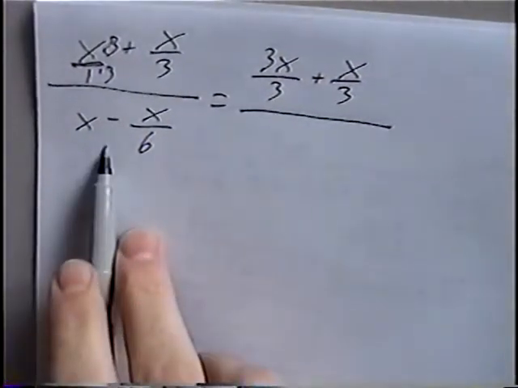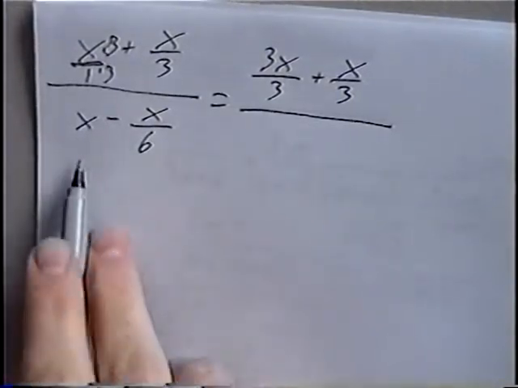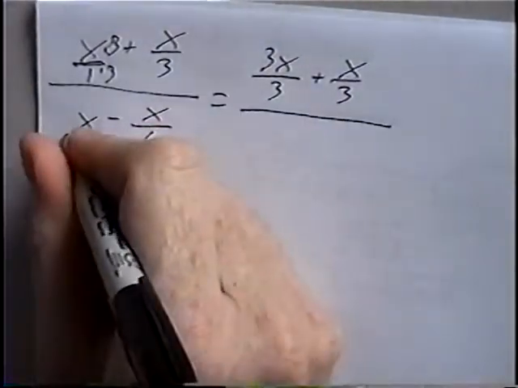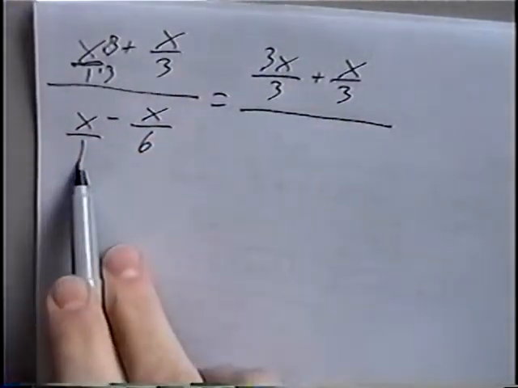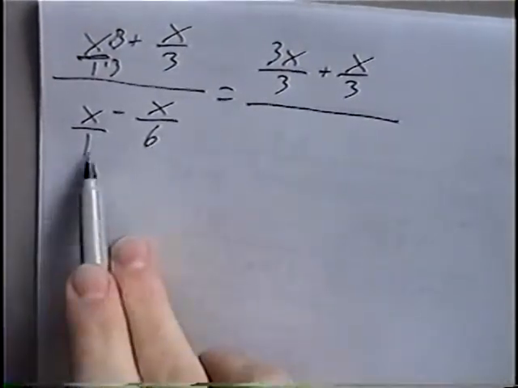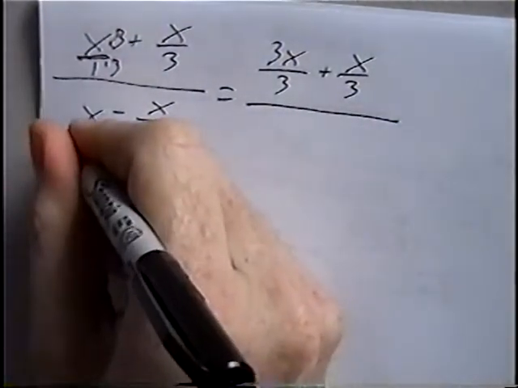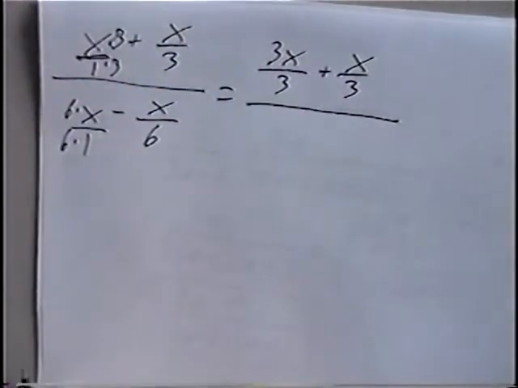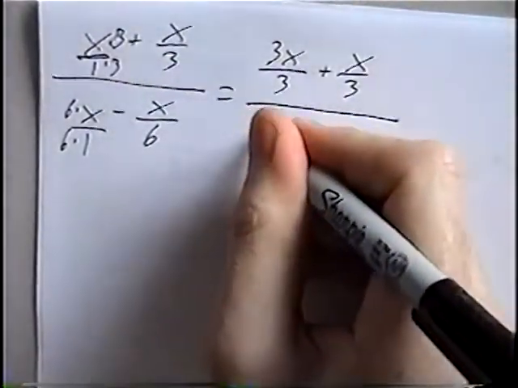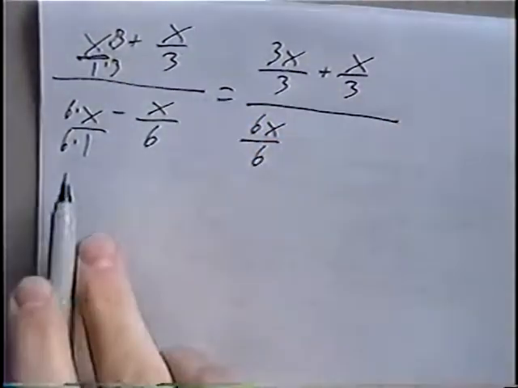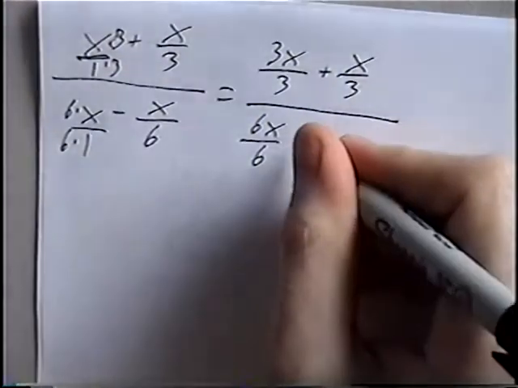Now we can do the same steps to the denominator of the original fraction. x minus x over 6. We can make x over 1 and then get common denominators, multiplying by 6. That would be 6x over 6 minus x over 6.